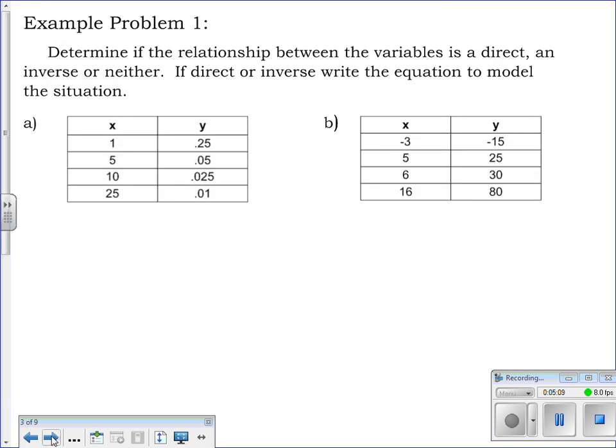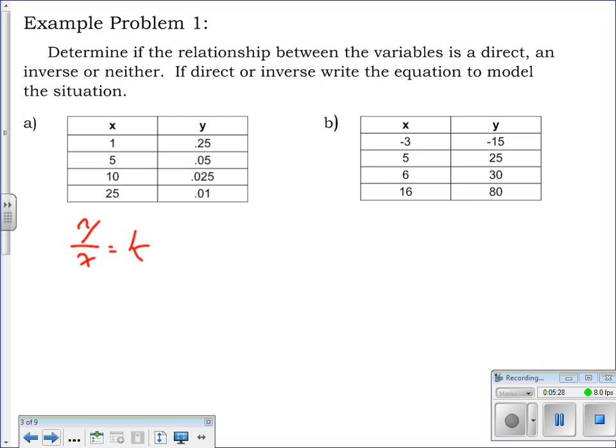So the first one: determine if the relationship between the variables is direct, inverse, or neither. If it's direct variation, that means Y divided by X equals the same value every time.